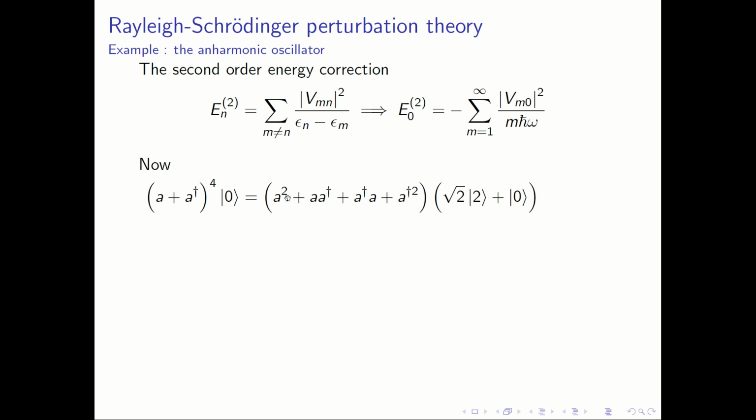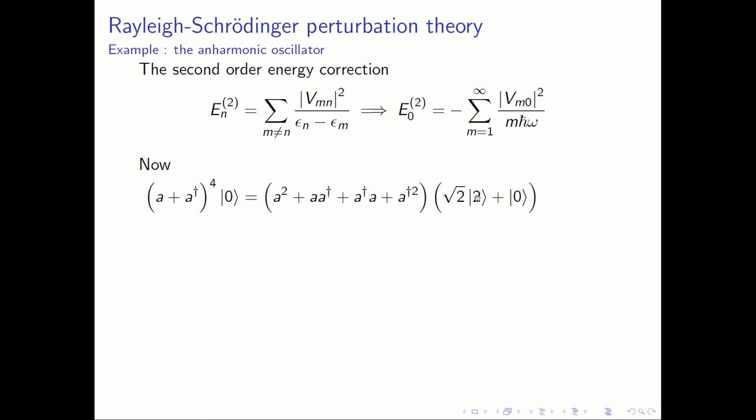Now we have to be a bit more careful. The first term is root 2 times whatever happens when some of these operators act on the ket 2. A square, of course, lowers ket 2 back to ket 0, so lowers it 2 steps, bringing in factors of root over 2 and root over 1 each time. Twice a dagger a plus 1 simply gives you 2 into 2 plus 1.